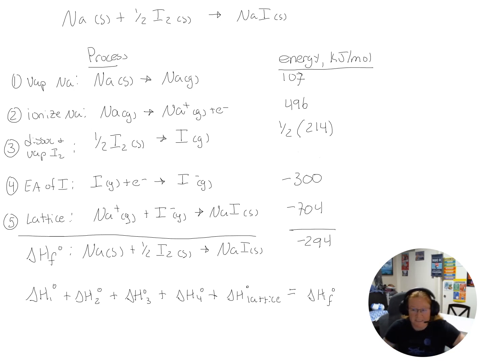So if you were solving for the lattice energy, it would be the formation minus all those other ones, right? So make sure you know what you're solving for, okay?